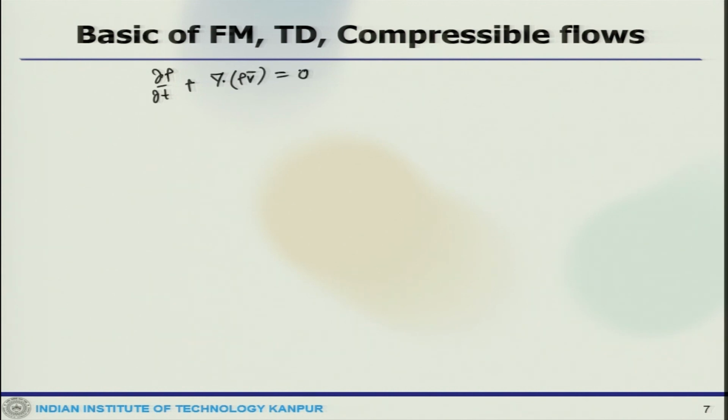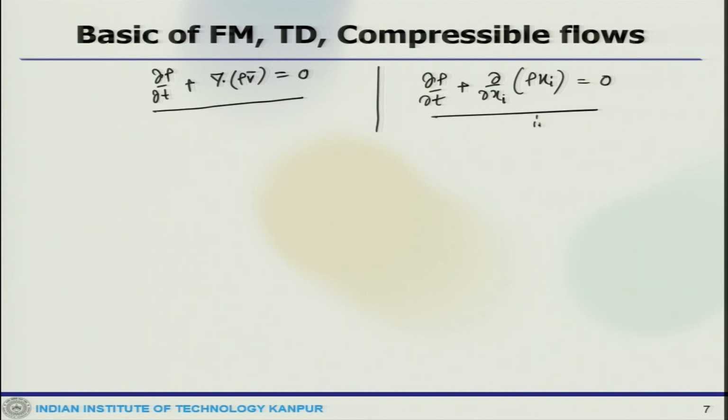Okay. So, this is what one can write in terms of vector notation, and if somebody writes in indicial notation, this would be del rho by del t plus del by del x_i of rho u_i equals 0. So, this is in indicial notation.